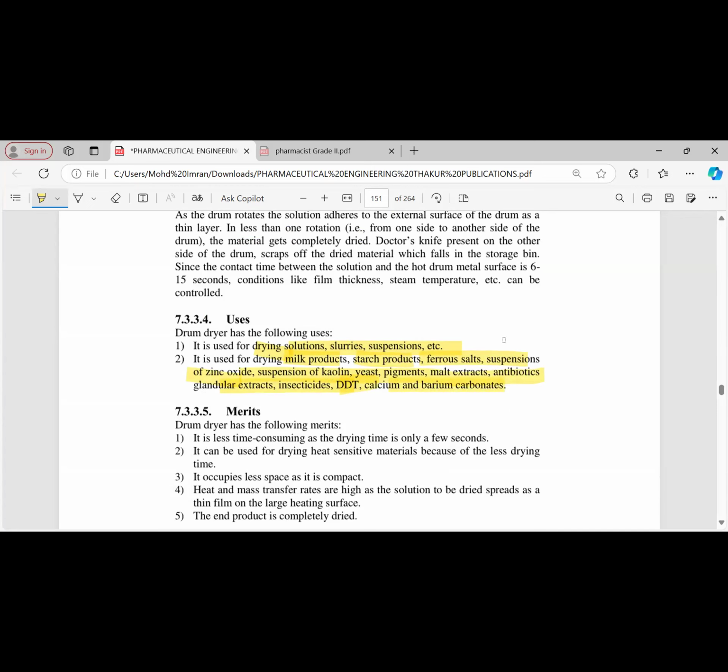In cosmetics and the food industry, generally we are using this drum dryer in drying solutions, slurries, and suspensions. Products like milk products, starch products, ferrous sulfate suspension, zinc oxide suspension, kaolin, yeast, pigments, and extracts of antibiotics and granular products, we are using the drum dryer.